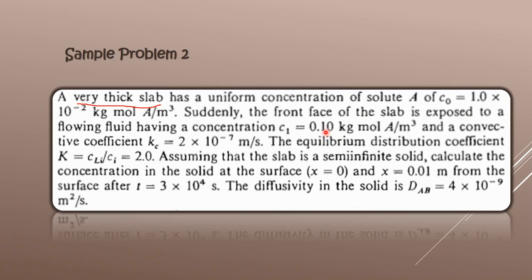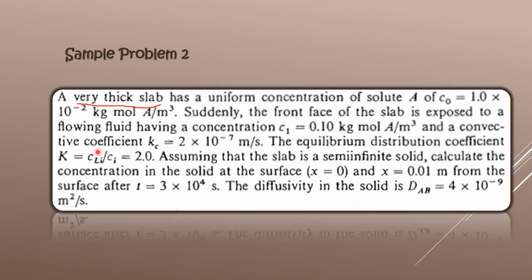So our diffusion here will be coming from the flowing fluid to the thick slab. Unlike the first sample problem wherein our diffusion is coming from the flat slab, outwards towards the turbulent pure water where it is dipped into, this one is the other way around.